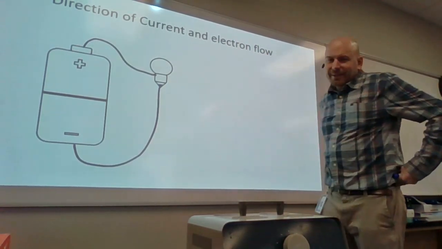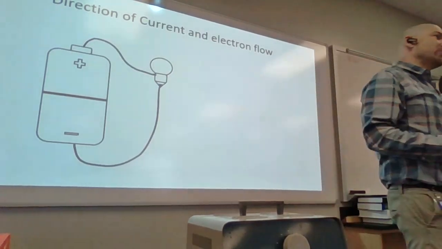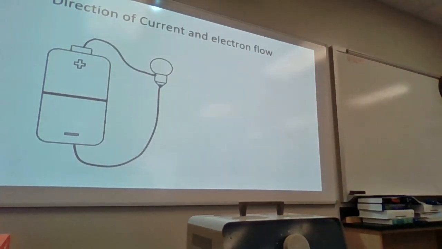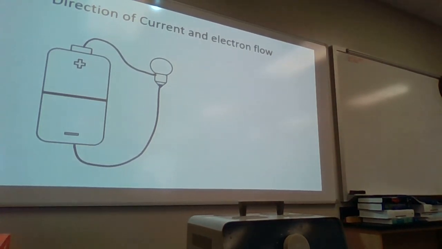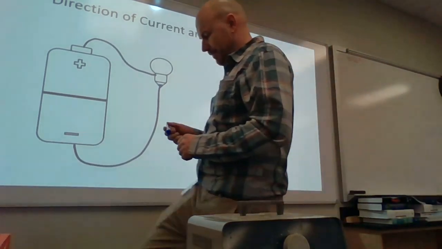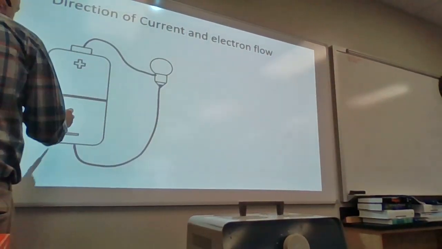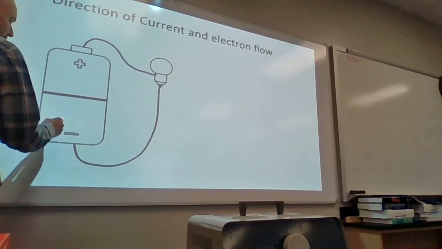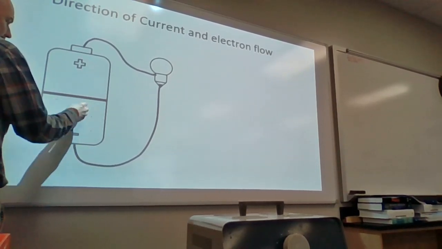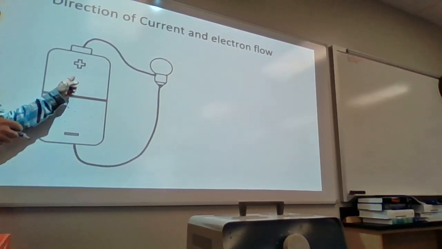Kids, this is a frustration of mine. If there is one thing in physics that I could change, it would be this. Electrons don't like to be down here, right? They want to be up here.